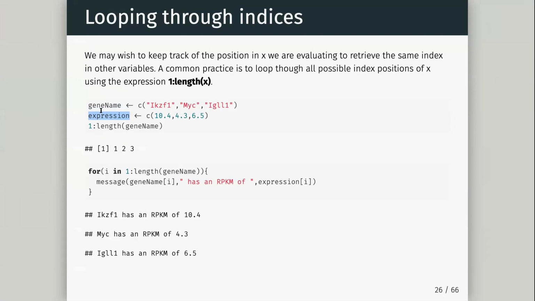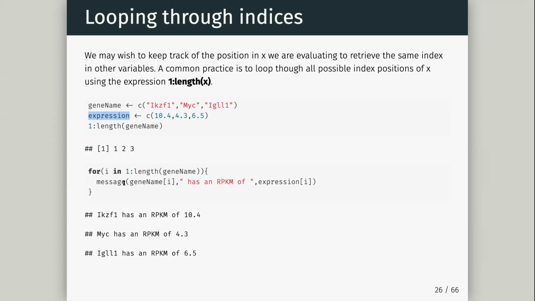In this case, we just have 2 vectors side by side. I might want to use a little trick to loop through both of them at the same time. I know they're the same length, so I could pull out a vector which represents the indices 1, 2, 3. Actually, it's just telling me the indices of every potential index within my gene name or my expression.